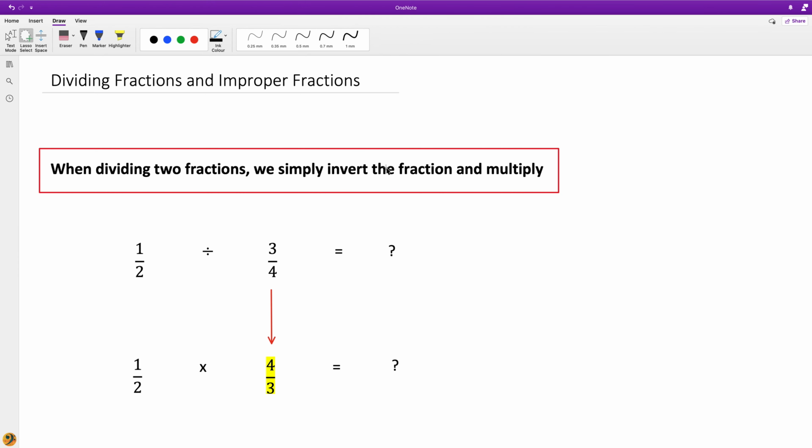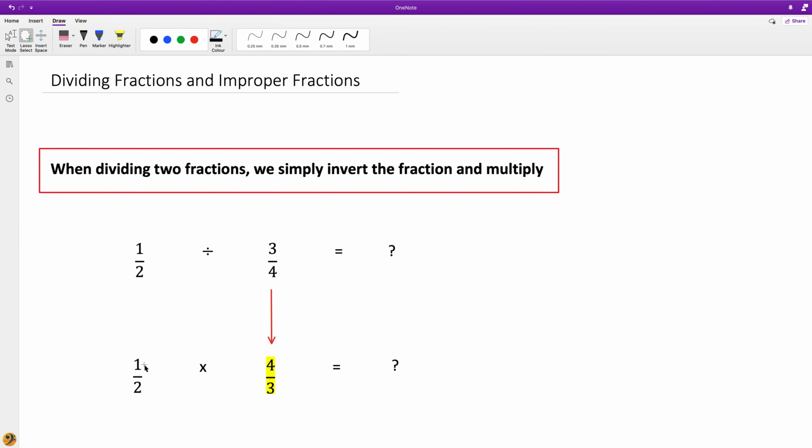So our 3/4 just inverts into 4/3. And where we multiply is here: we change this divide symbol into a multiply symbol and go ahead and multiply. It's pretty simple as that.